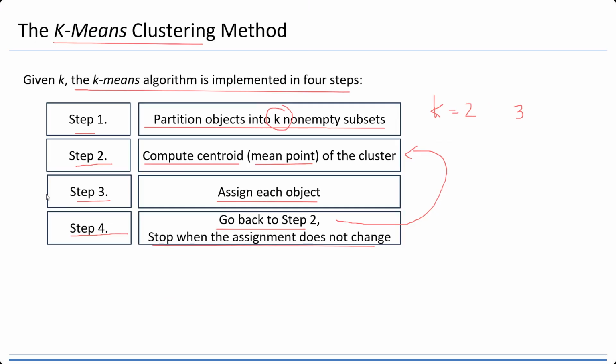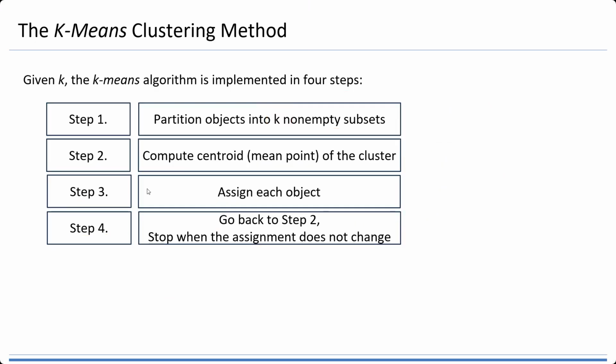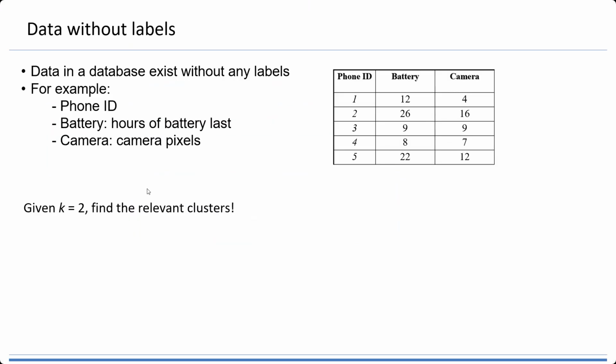Now, let's see. I have the phone data. If you still remember, this data in the database exists without any labels. We do not know the label, whether it is a good phone or bad phone, expensive phone or cheap phone.